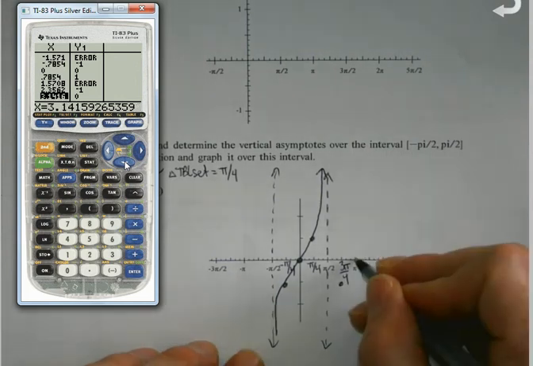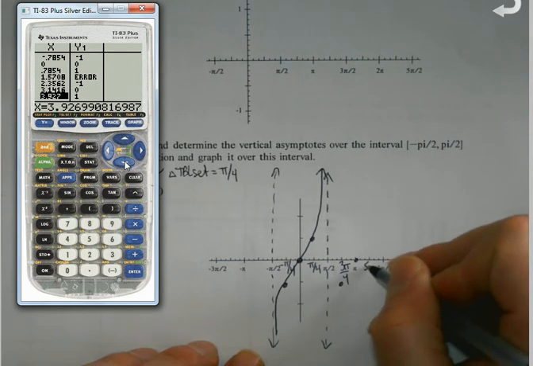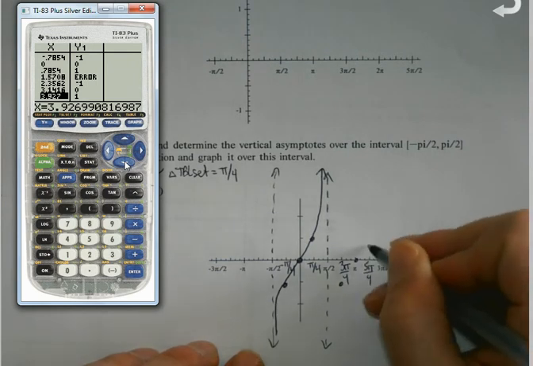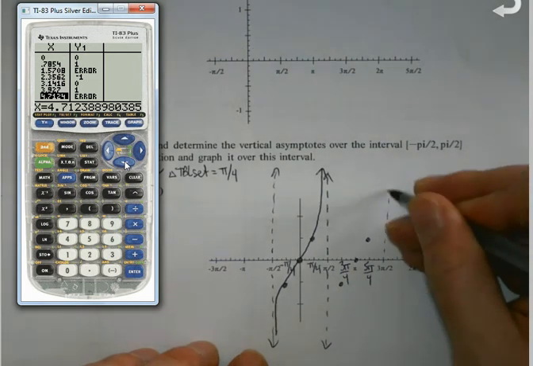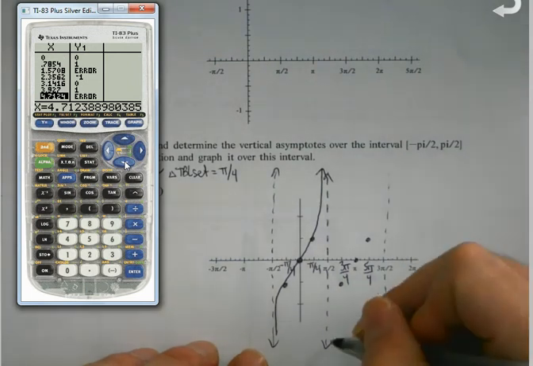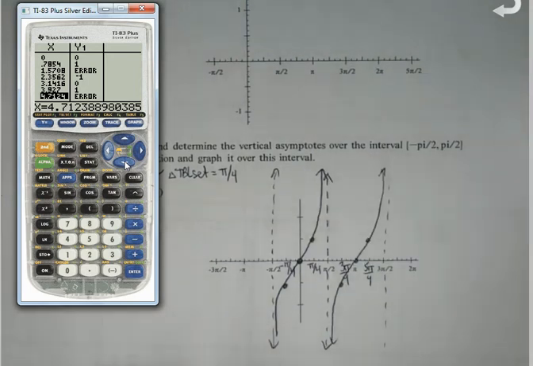At pi, I'm at 0, and I see the pattern develop again. 5 pi over 4, I'm up at 1. You'll never guess. 3 pi over 2, asymptote. And that would just keep going on forever and ever to both positive infinity and negative infinity.